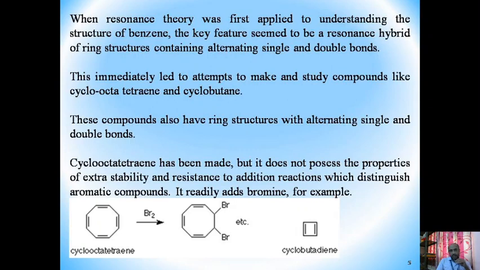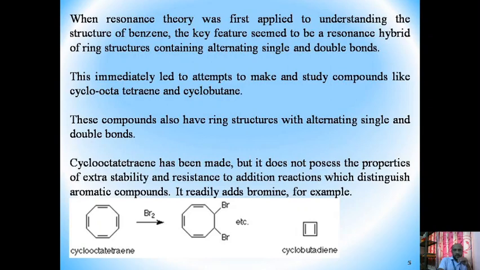Cyclooctatetraene has been made, but it does not possess the property of extra stability and resistance to addition reactions which distinguishes aromatic compounds. It readily adds bromine. For example, cyclooctatetraene, when treated with bromine, will give dibromocyclooctatetraene.